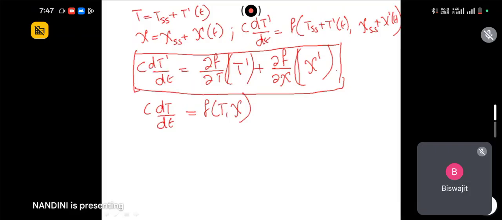Then a climate feedback parameter is defined, which is given by minus dF by dT.